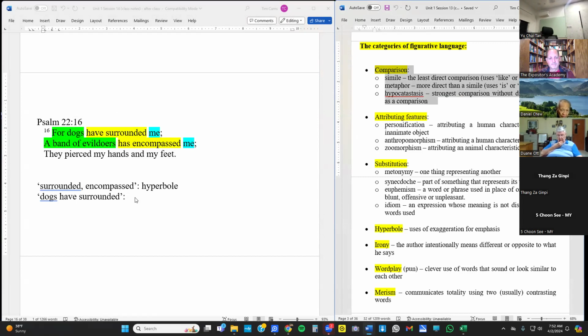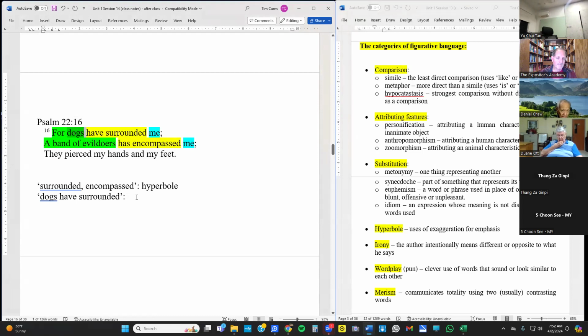Hypocatastasis, isn't it? That fancy one. He didn't say men who are like dogs. He just said dogs. Dogs, yes, that's hypocatastasis. It's the most direct, strongest comparison. That's right.